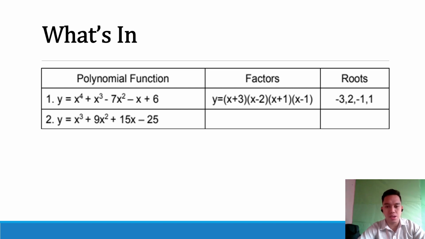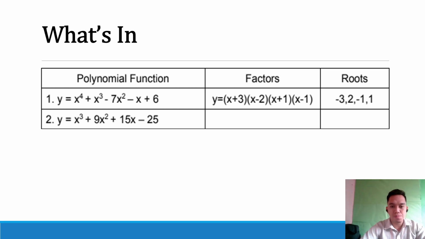And the factors are y equals quantity of x plus 3 times quantity of x minus 2 times quantity of x plus 1 times quantity of x minus 1. And the roots are negative 3, 2, negative 1, and 1.